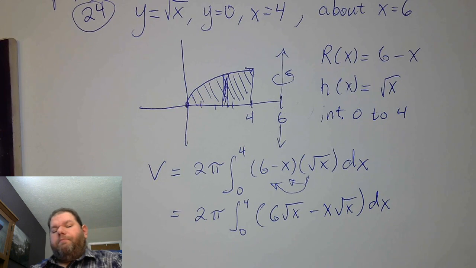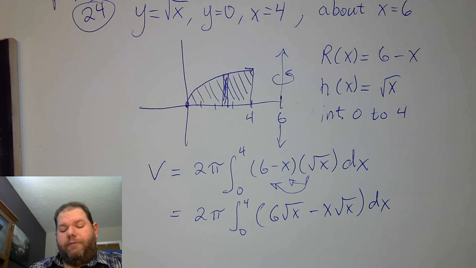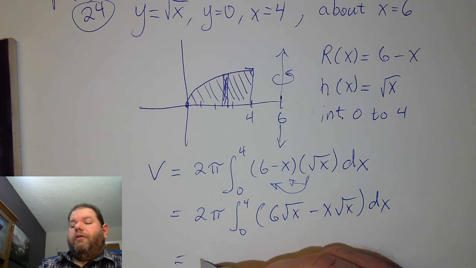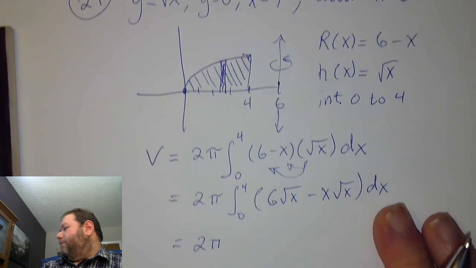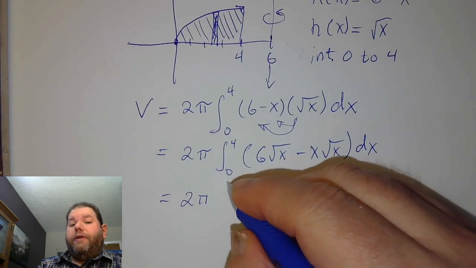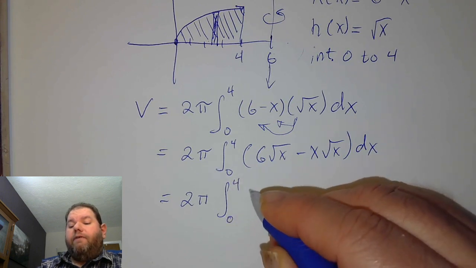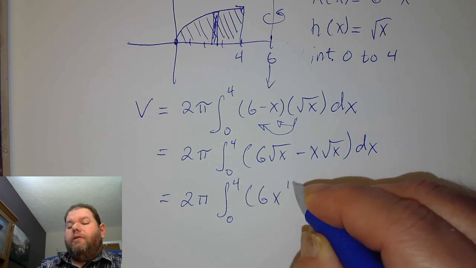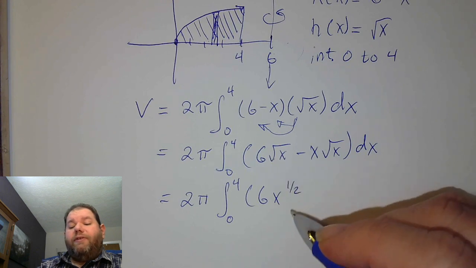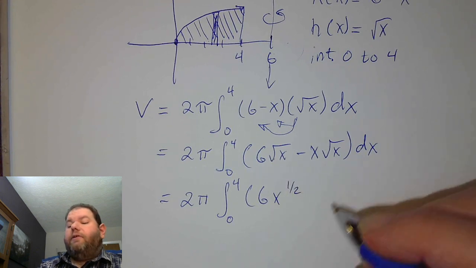And so I would recommend in this case, we have square root of x present here in both terms now. I would recommend we switch to a fractional exponent rather than a radical. For instance, we know that square root of x is identical to x to the 1/2. So we can change that to 6x to the 1/2.